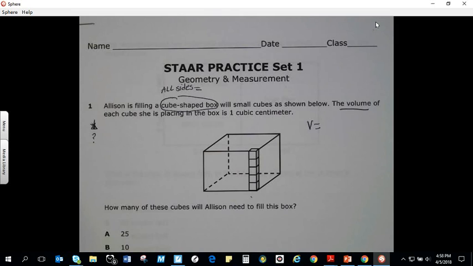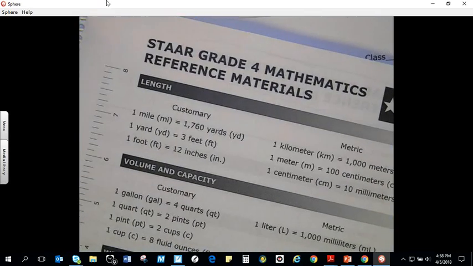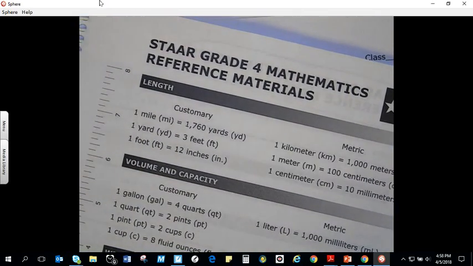So you'll have that there. I was looking for my agenda book. Here it is. If you look in the way in the back, you're going to have this. Again, you're going to have this on STAR Test Day.